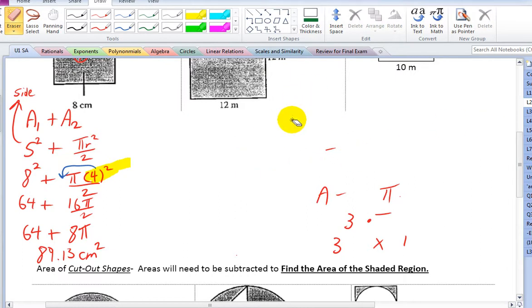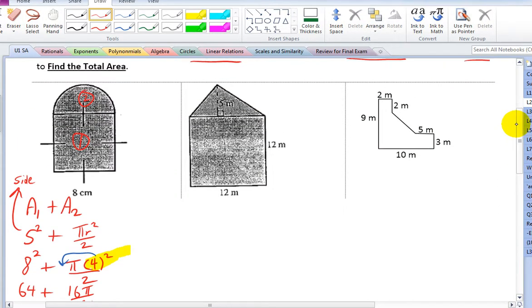Okay, what should we do for this shape? Any ideas? Volunteers? Yeah, so split it up again: area 1 plus area 2. Now some of you might not like doing this all at once and it gets a little complicated for you. That's fine.